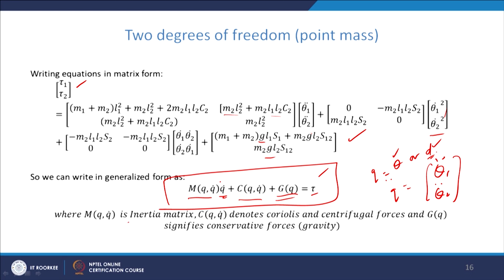M is called the inertia matrix, C contains the Coriolis and centrifugal forces, and G contains the gravity terms. In this manner we can construct the dynamic equation of the 2-arm manipulator, and in the coming lectures we will see how to construct the dynamic equation for general manipulators. Thank you.